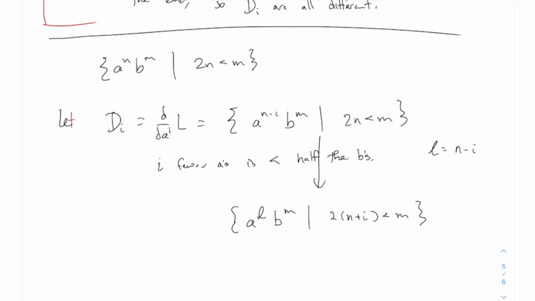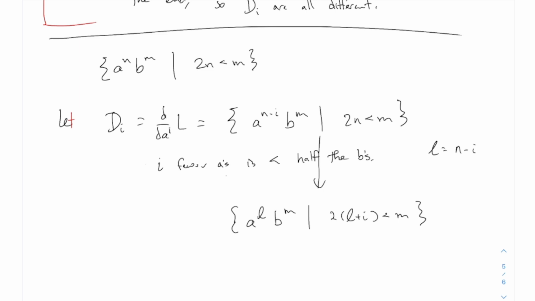If you write a to the L, b to the n, and 2n plus i less than n, it doesn't say what L is and what n is and how they relate to each other. Yes, I agree. Oh yeah, it should be L plus i over here. Thank you. I changed n minus i to L, which means I have to change n to L plus i, right?